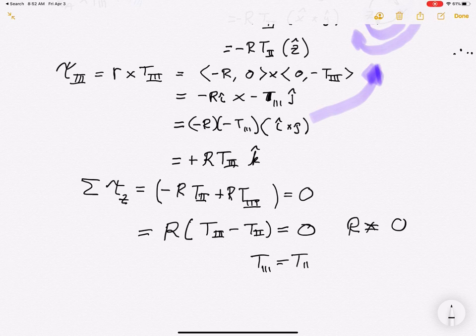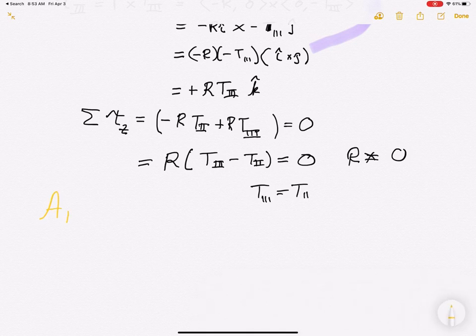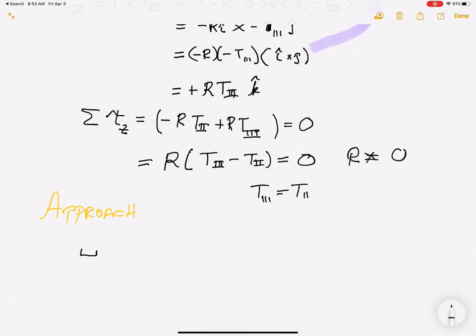For completeness, what we should do is hit up another approach and draw the free body diagrams of the masses, so tension, force of gravity, and we're going to find that the acceleration has to be 0 because that's what happens when you sum the forces in statics.